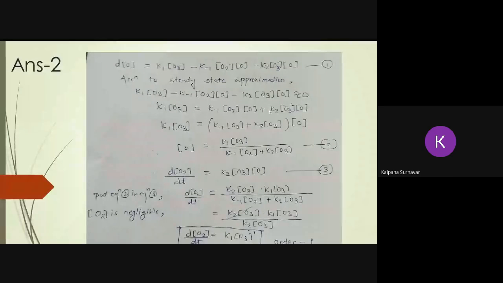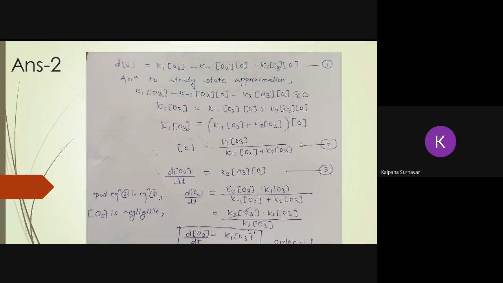Take the minus terms to the right side, all terms become positive, rearrange the equation and find out the concentration of oxygen. Now we have the concentration of oxygen, but the aim is to find out the concentration of a product, and the product is O2. The rate of change of concentration of O2 is given by equation K2 into concentration of O3 into concentration of O. Now we have equation number 2 and equation number 3.